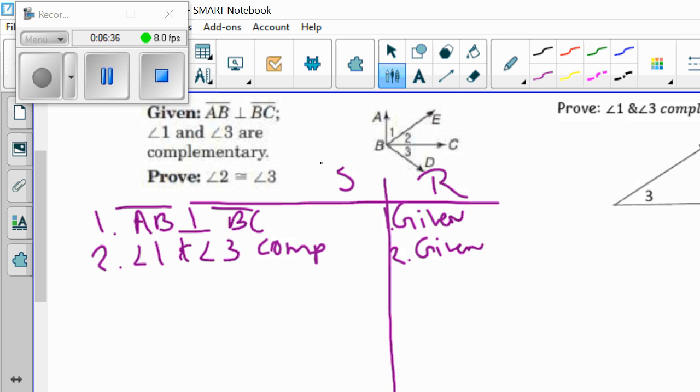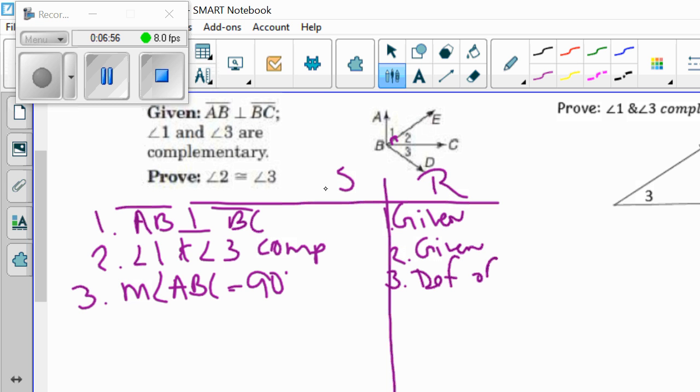They want me to prove angle 2 is congruent to angle 3. So AB perpendicular to BC, that means right angle. So I need to put that in here. So then that means that the measure of angle ABC is equal to 90 degrees. That is the definition of perpendicular, so definition of perpendicular lines.